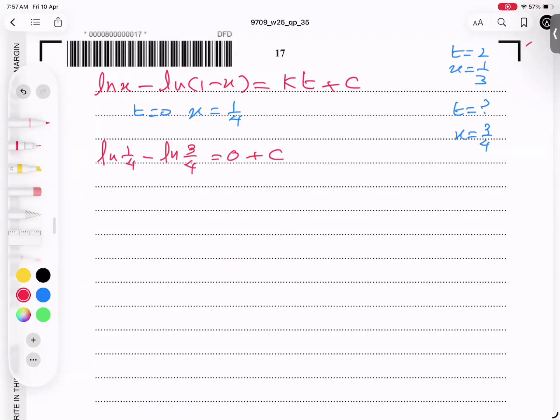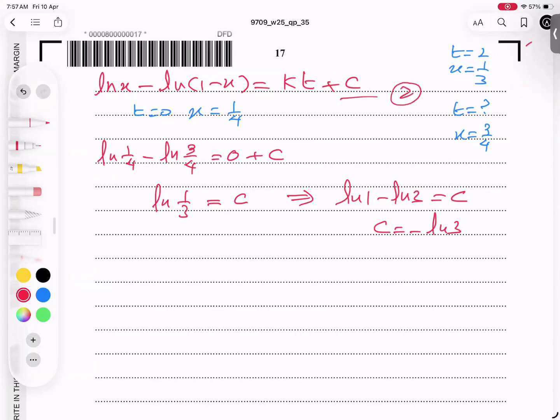So if we check it carefully, 1/4 divided by, yeah, 0.25 divided by 0.75, same thing. And we are getting here log of 1 by 3. So here I can open it where log of 1 minus log of 3 is equal to c. But log of 1 is 0. So I got a c value, finally, negative ln 3.